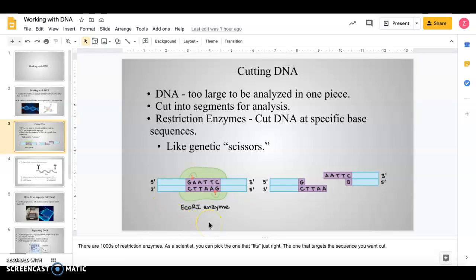There are thousands of restriction enzymes, and each one of them recognizes a certain sequence of bases, different combinations of A, T, G, and C, and they cut the DNA there. We see the enzyme, and it cuts the DNA.